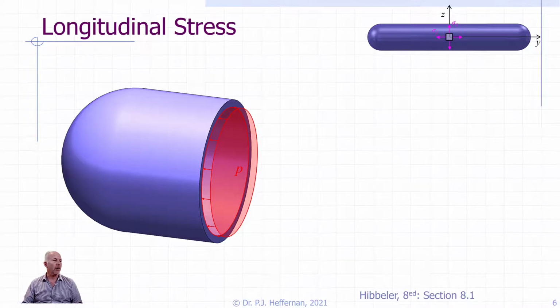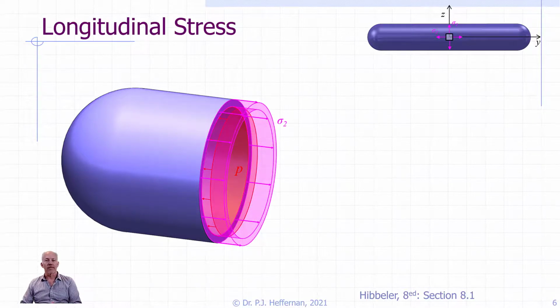So again, we have our pressure across the area of the section, and the resistance sigma 2 holding this half of the capsule, if you will, in place, going in the opposite direction.